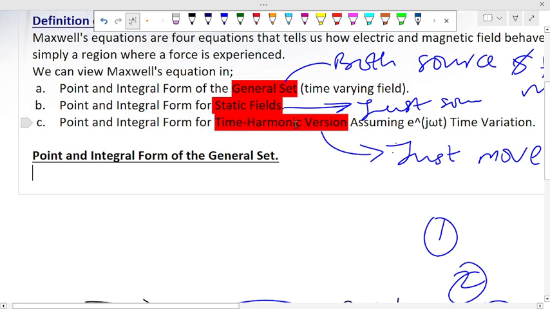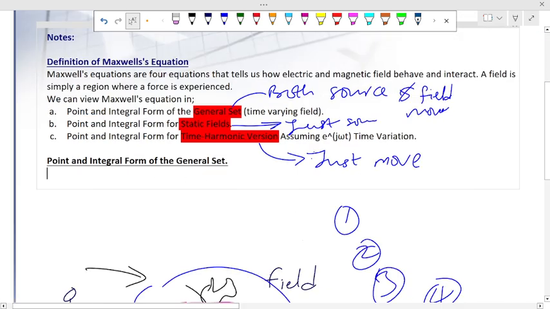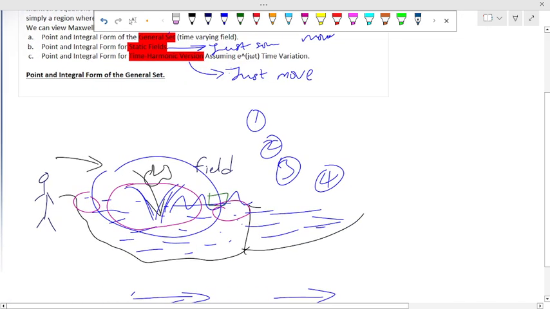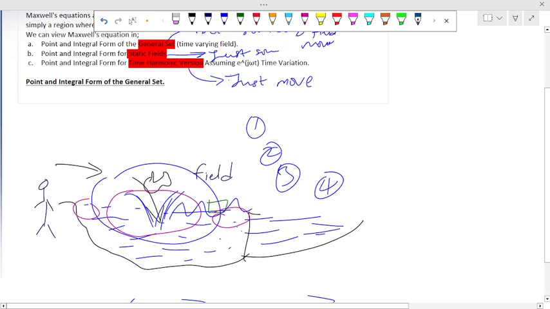Time harmonic, point and integral, meaning the four equations will be written in point form and in integral form. Okay, don't worry, it's all good. So the next video will start with the first one, which is the point and integral form for general sets. So this is just how it looks like, and then we'll go into this in the next video.